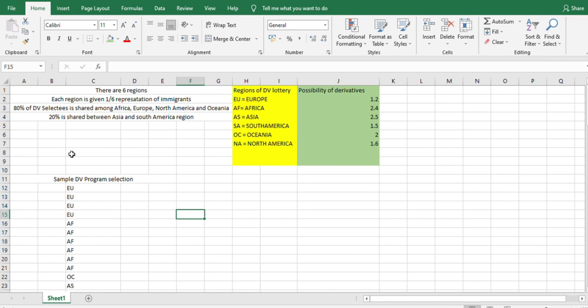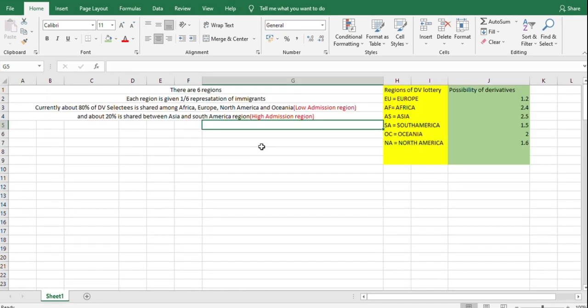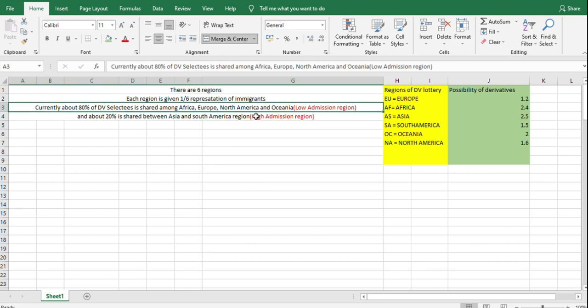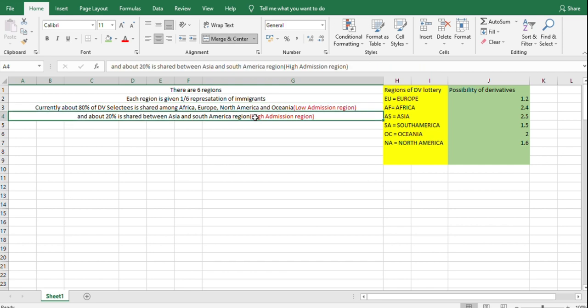On the other hand, if a region has less than 1/6 of the total immigrant representation within the last 5 years, that region will be called a low admission region. As you can see here, currently the low admission regions include Africa, Europe, North America, and Oceania, while the high admission regions include Asia and South America.